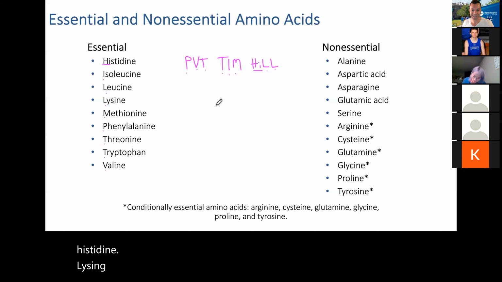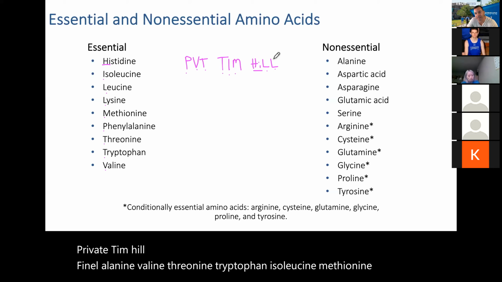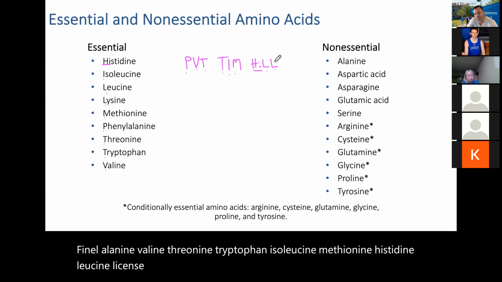Easy peasy. Private Tim Hill. Phenylalanine, valine, threonine, tryptophan, isoleucine, methionine, histidine, leucine, lysine. There you go. Those are your essential amino acids.